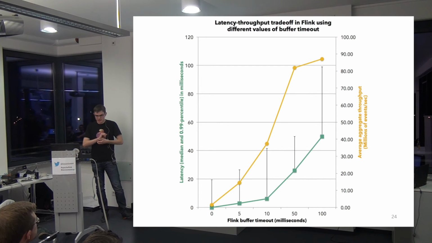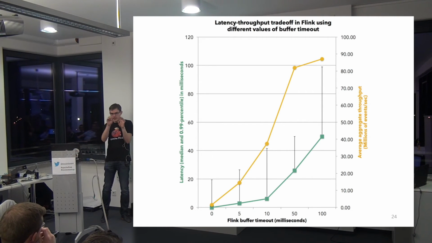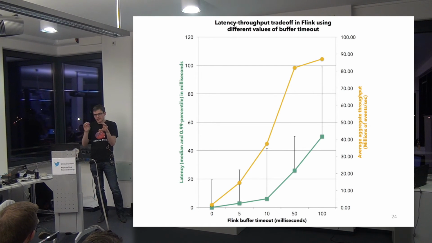I've shown you this slide with a pipeline execution, and we don't send the records individually over the network, like these complex event processing systems do. We have network buffers where we put the elements in, and then at some point we send these network buffers to the other machine. The problem is if we wait too long with sending these buffers, the latency goes up. That's why all these buffers have a timeout.